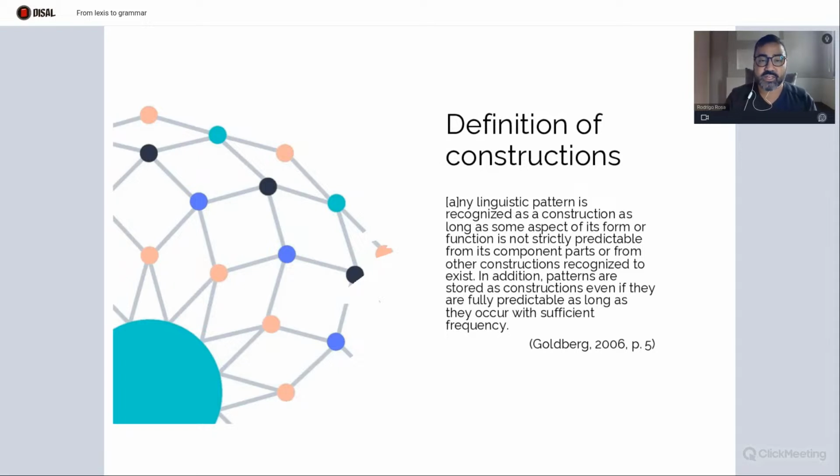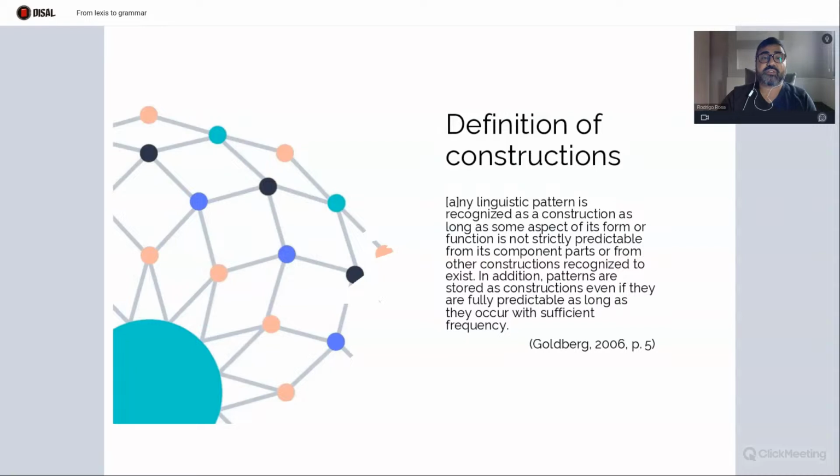So what is she going to say a construction is? A construction is any linguistic pattern that is recognized as a construction as long as some aspect of its form or function is not strictly predictable from its component parts. I will explain that. Or from other constructions recognized to exist.